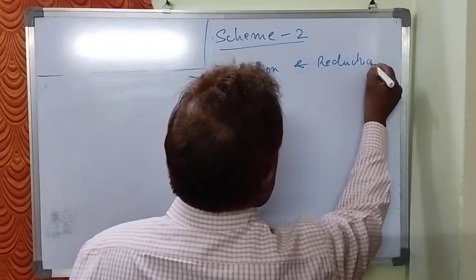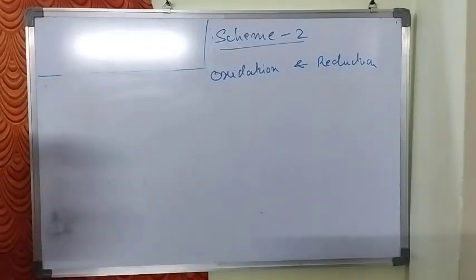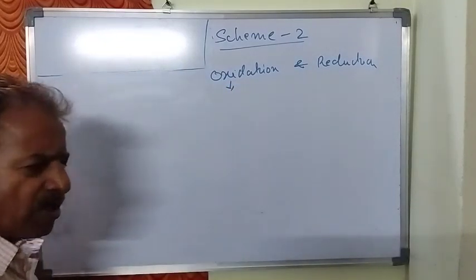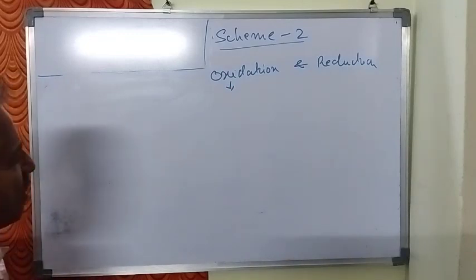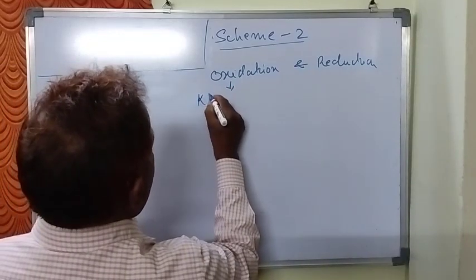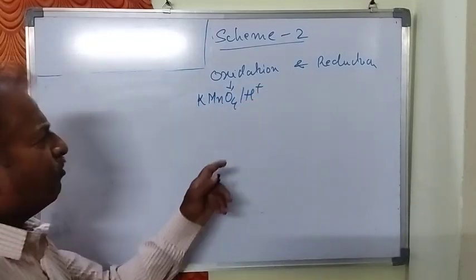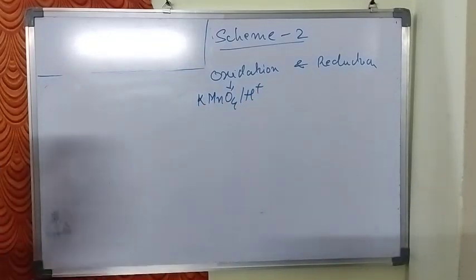To work on oxidation and reduction, first of all we have to know what are oxidizing agents and what are reducing agents. Oxidizing agents are KMnO4 with H plus, meaning acidified permanganate.